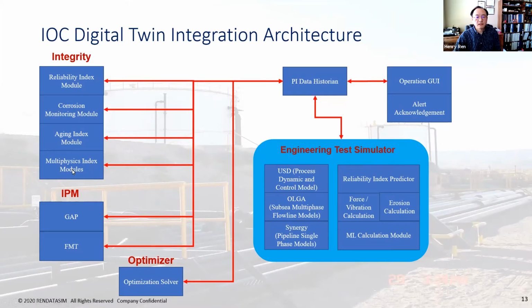And you can see here, we are also including the petroleum information and the flow line monitoring solutions. FMT means fluid management tool, and GAP, everyone knows GAP is the Petroleum Experts wellbore simulator and production network simulator.